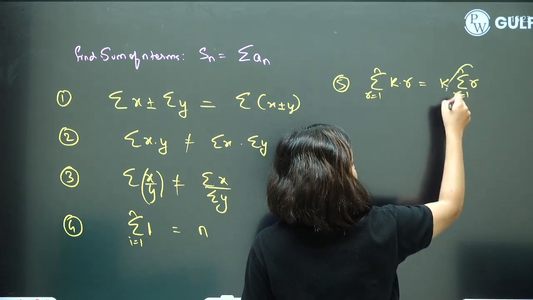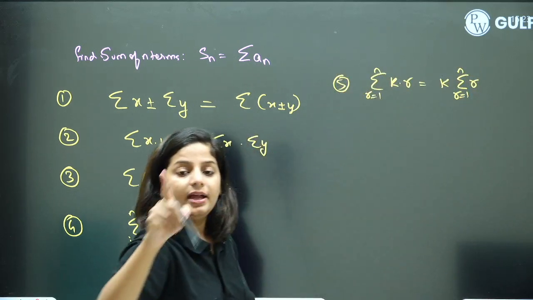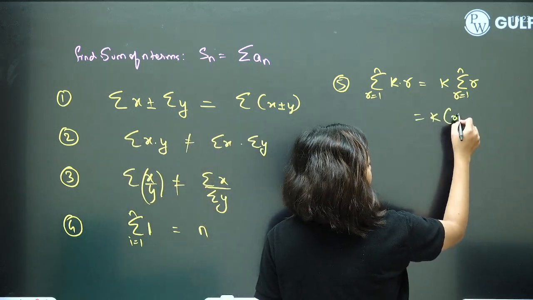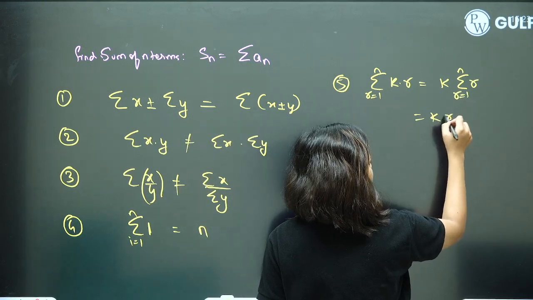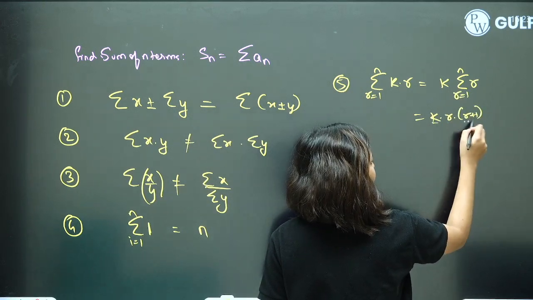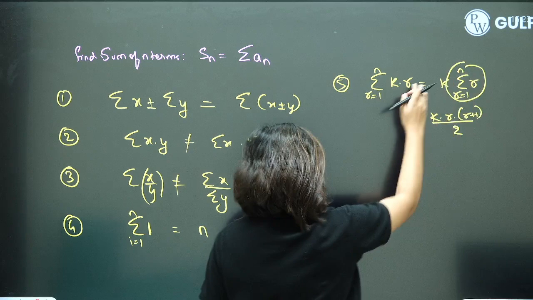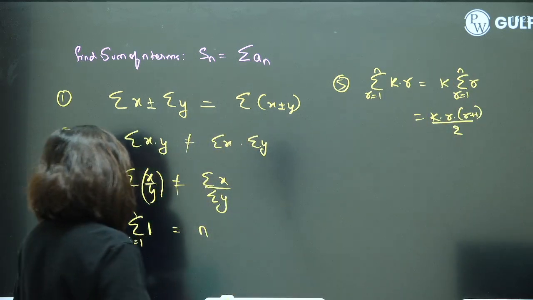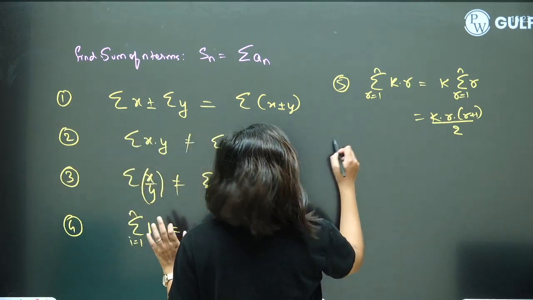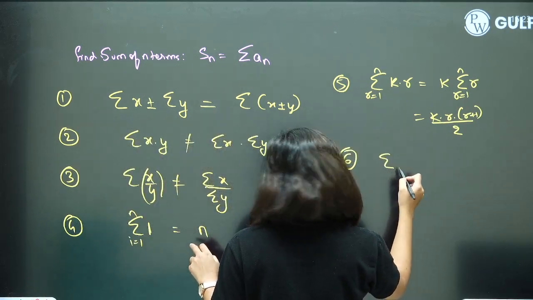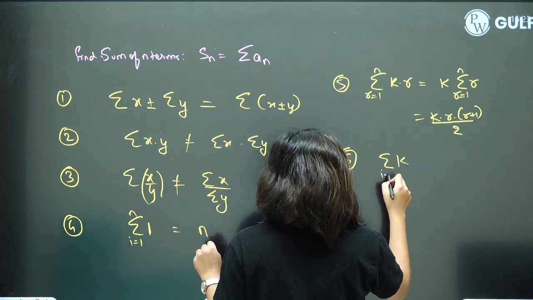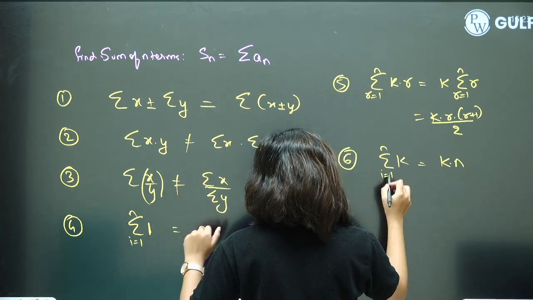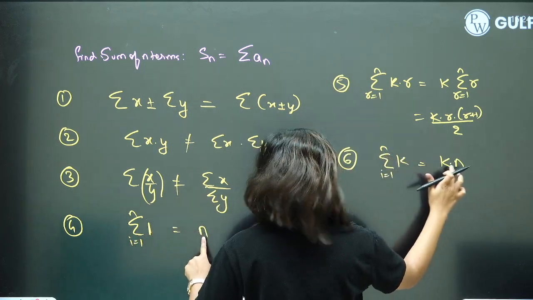You know the first form n by 2 instead of r, plus constant. If you have 1, then it is simply n. 1 to n it is going. Suppose you have summation of k, i going, k is a constant, just simply summation of 1 is n.